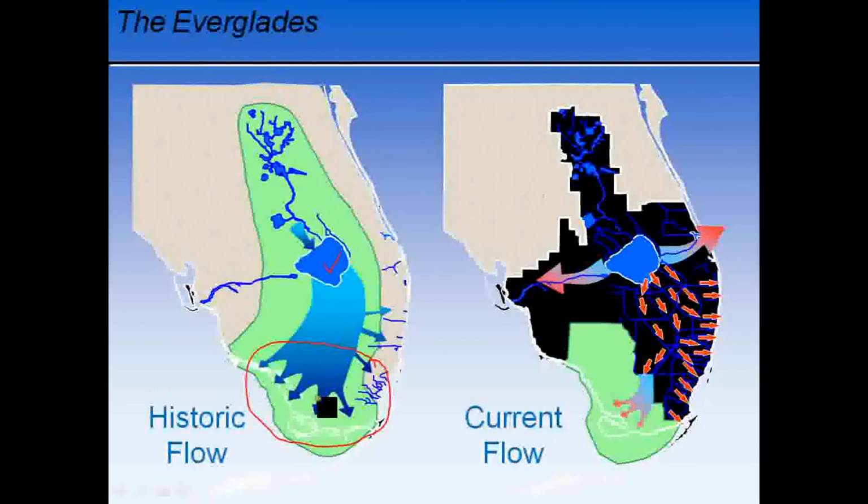What we ended up with was a series of canals and water diversions, mostly to give water to the people that lived here on the coastline, the Miami-Dade area, even West Palm Beach. All of this is so heavily populated, they needed drinking water, and there just wasn't enough in the aquifer. Also, this is a very, very rich farming area.